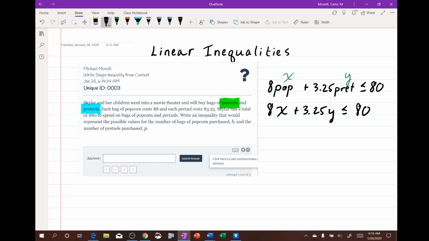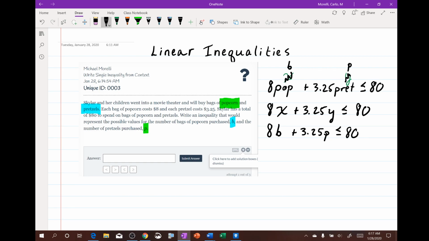Or I see, they give us in this problem that they want popcorn to be labeled B and pretzels to be labeled P. Okay, so instead of writing x, they want this to be B, and they want pretzels to be P. Fair enough. So instead of writing 8x plus 3.25y less than or equal to 80, we'll do 8b plus 3.25p less than or equal to 80.